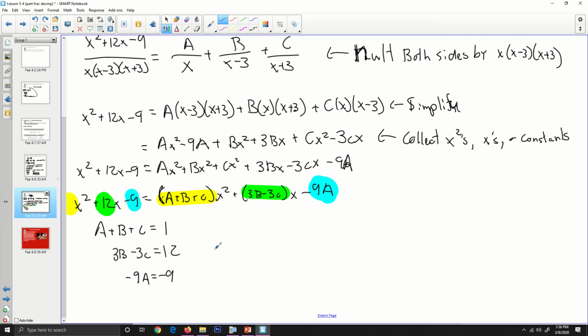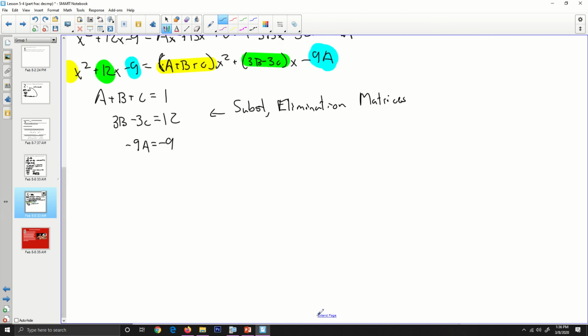And we could do that a number of different ways. We can do substitution. We could do elimination. Or we could do matrices. I'm going to do elimination. I'm going to tell you how I would set up my matrices if I were going to do this.